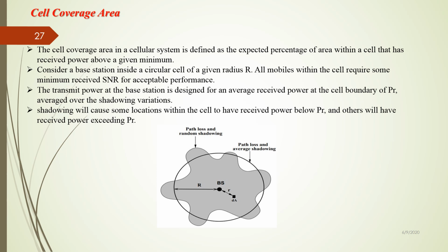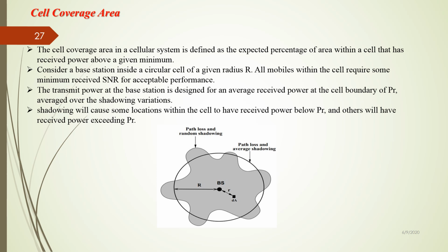All mobiles within the cell require some minimum received SNR for acceptable performance, and the transmit power at the base station is designed for the average received power at the cell boundary of PR, averaged over the shadowing variation. Shadowing will cause some locations within the cell to have received power below PR, and others will have received power exceeding PR.